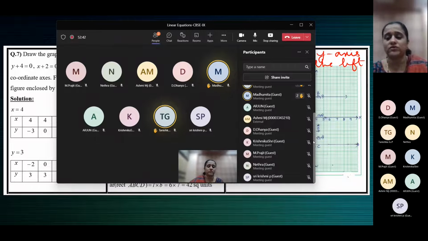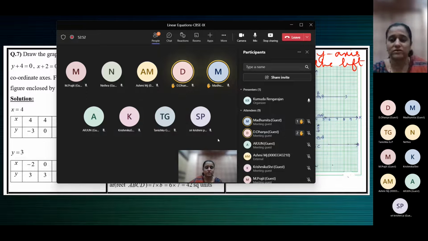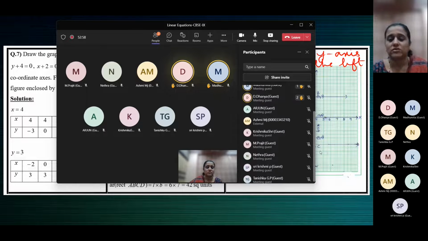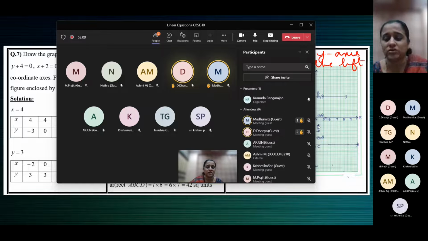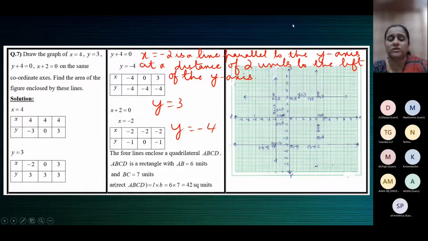Who would like to read out for the first one? Why is my cursor not working? I said, children, whoever wants to read out for the first one, please raise your hand. Madhumita, Danya. That's all. The others have not understood. Okay, Danya, do the first one and Madhumita do the second one.